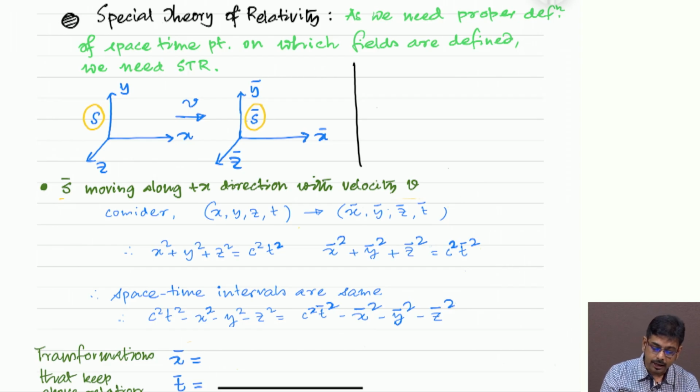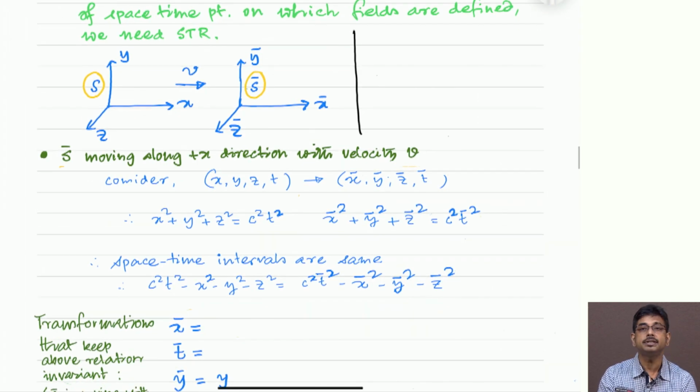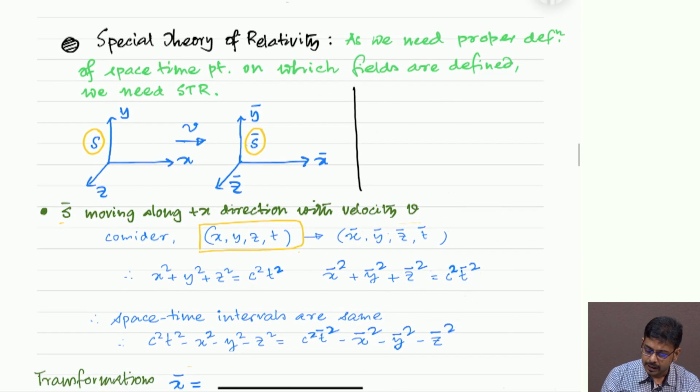I am assuming that this S bar frame is moving with a velocity v along the plus x direction, and v is sufficiently large. So, the space-time points for the S frame are described by x, y, z, t, whereas for the S bar frame, the coordinates are x bar, y bar, z bar and t bar.